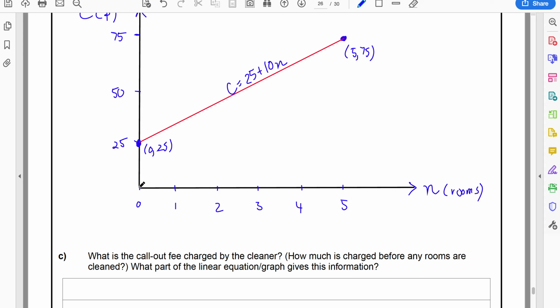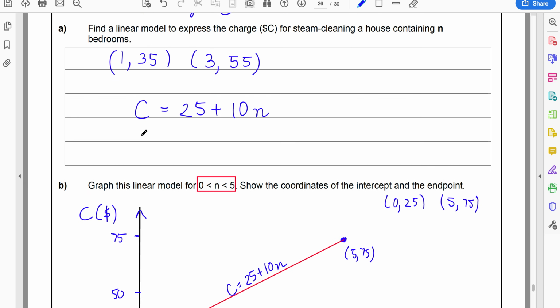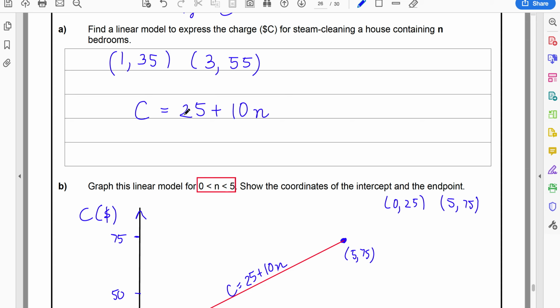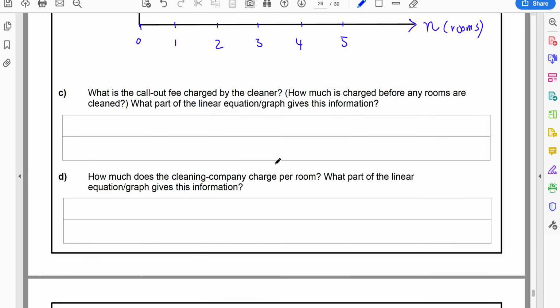So when there are no rooms cleaned, 0 rooms, you'll come up and you can see that the charge there is $25. So if you consider our rule here, that initial value, the starting point of the graph, which is our y-intercept, is 25. So when n equals 0, c equals 25.